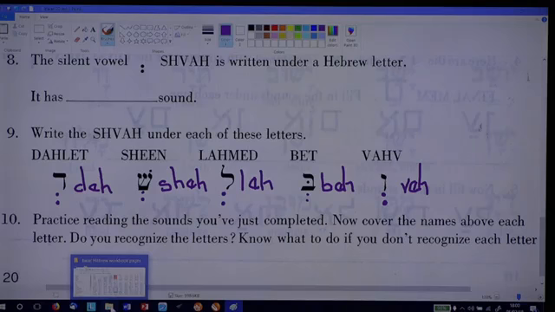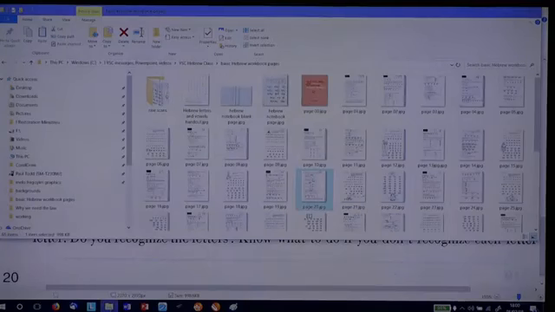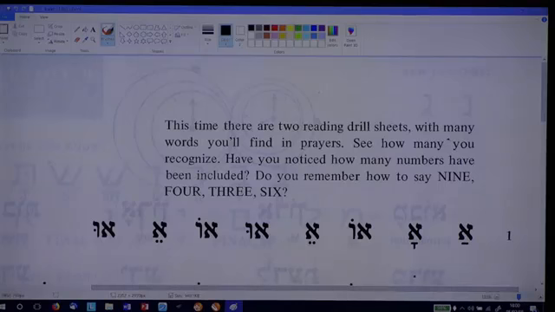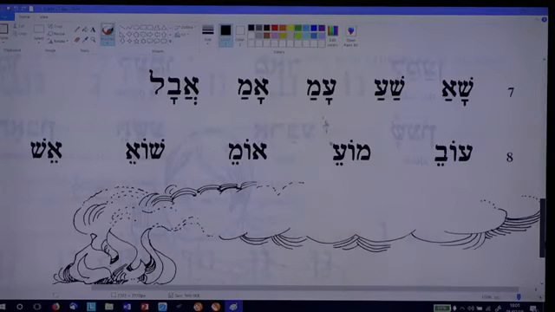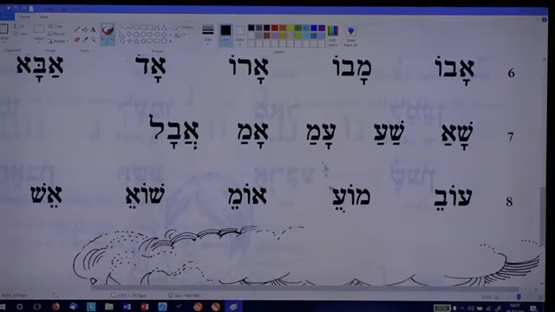Now let's go to 20. Let's go to 21. And on 21, down about line 7, way down near the bottom of the page, we've got a word designed for confusion.